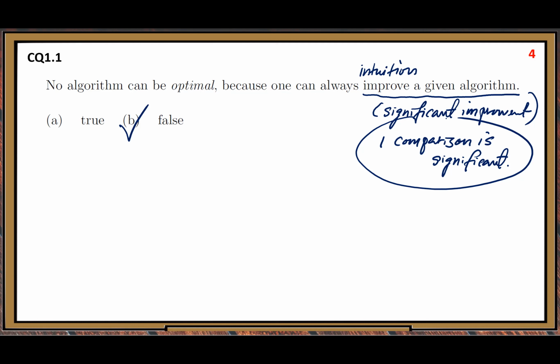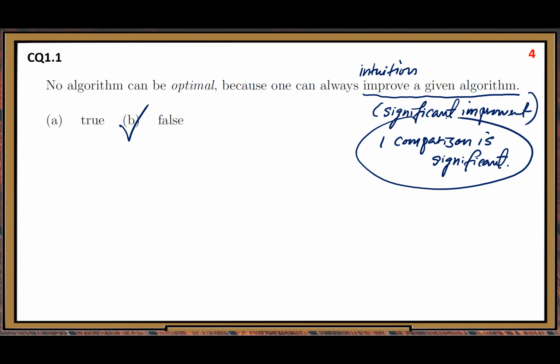Sometimes people may do some minor improvement, but it does not count because people treat that improvement as too little. That's the main topic in our module 2.